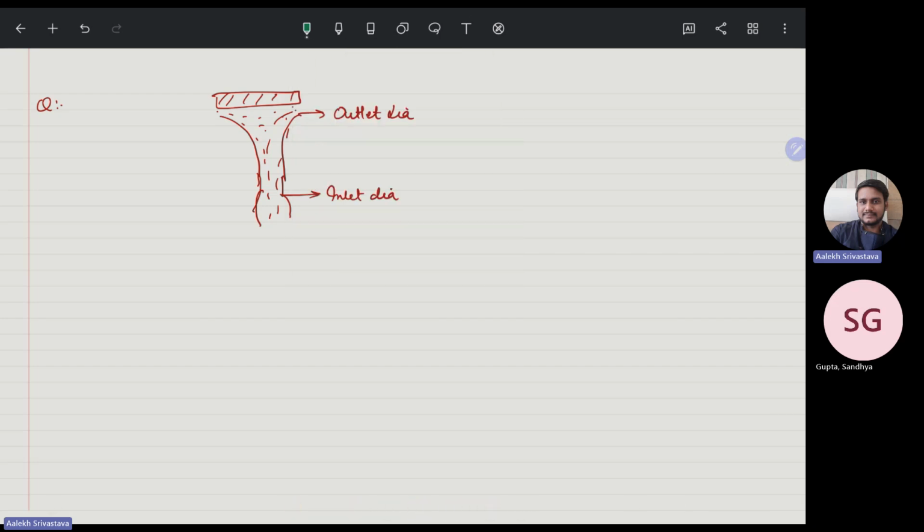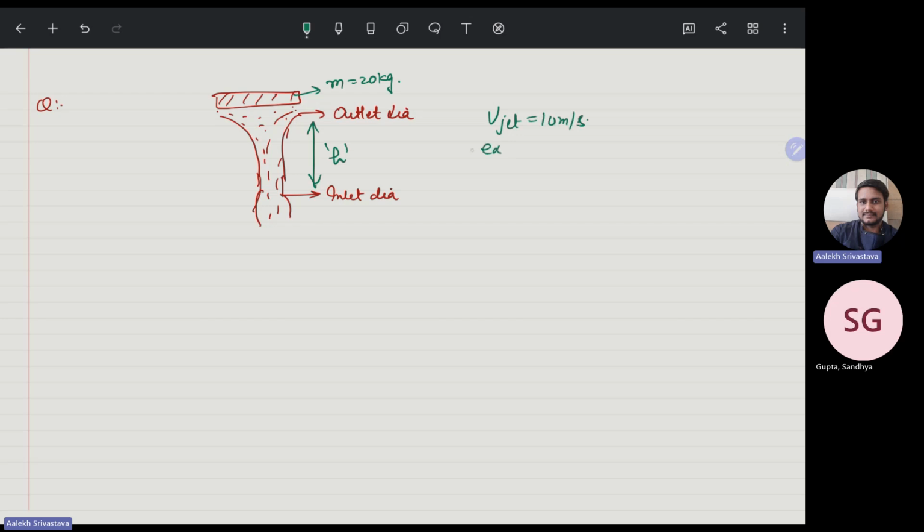The mass of the plate is 20 kg, and it is suspended by a jet of water at a height h. So this is the height h. The velocity of the jet is 10 meter per second.